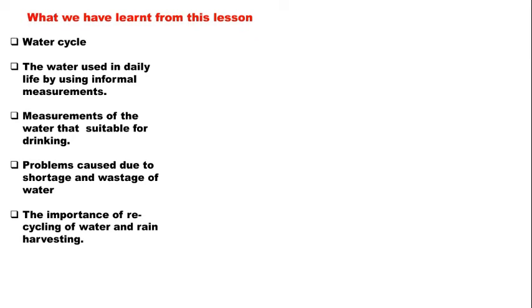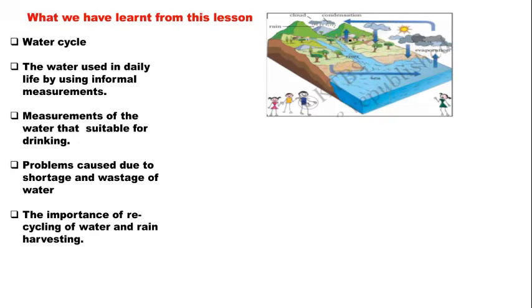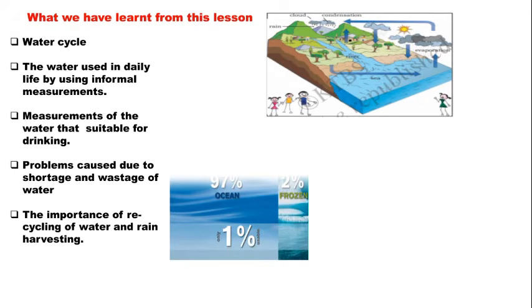Okay, children, so what have we learned from this lesson, children? Yes, water cycle, isn't it? In that water cycle, we have learned condensation, evaporation, etc. Okay, and the water used in daily life by using informal measurements, and measurements of the water that's suitable for drinking.